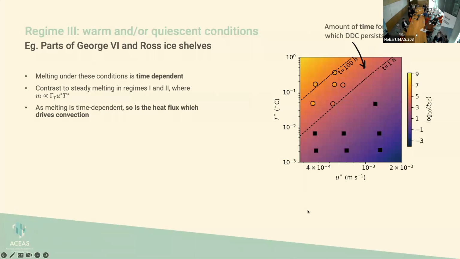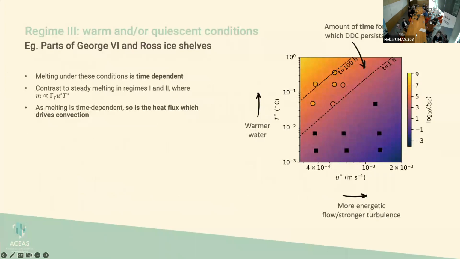So we're talking up here, like 1 hour, 100 hours, for example. And how that varies as we go from colder to warmer conditions, and as we go from less energetic to more energetic conditions.